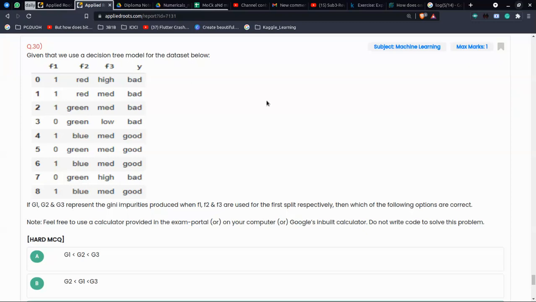But in the video, I guess they said we decide on one parameter, like mean absolute error or square error, at the parent node.